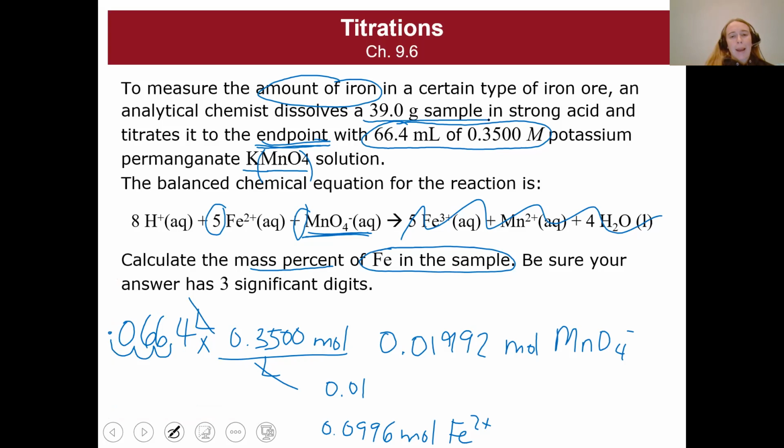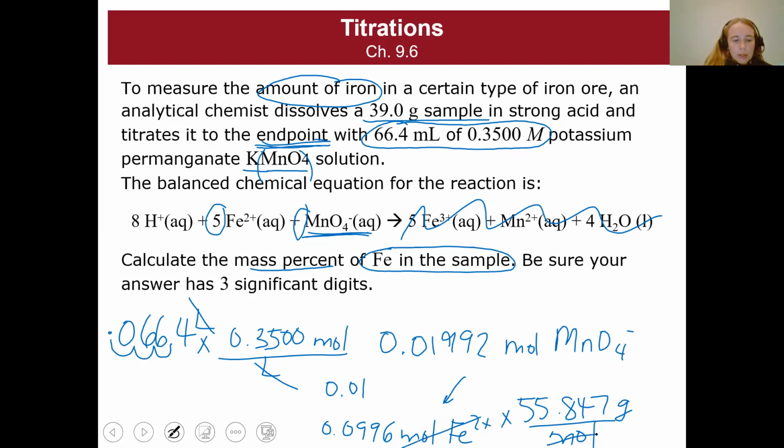So how do we get a mass of iron from this number of moles of iron? Let's think. Moles, mass, what do we need to convert between the two? The molar mass. So we need to use the molar mass of iron from the periodic table to find the number of grams of iron in this sample. So that is 55.847 grams per mole. I put moles on the bottom, so now they cancel out.